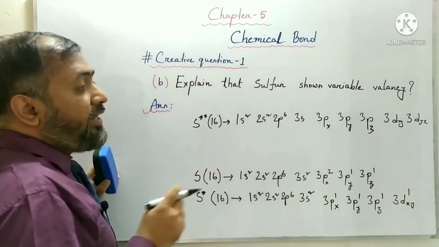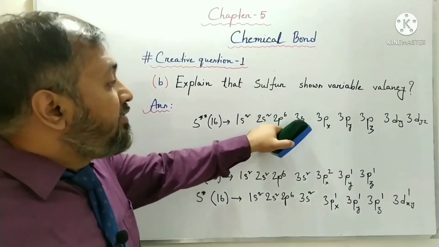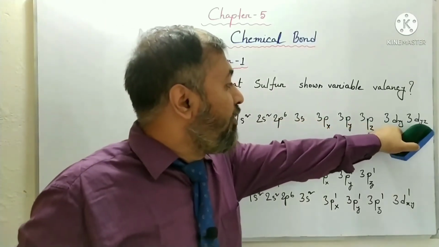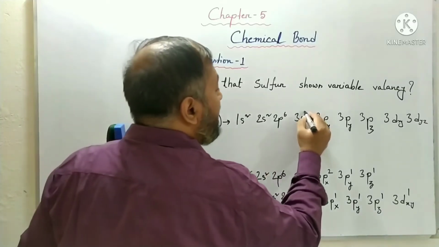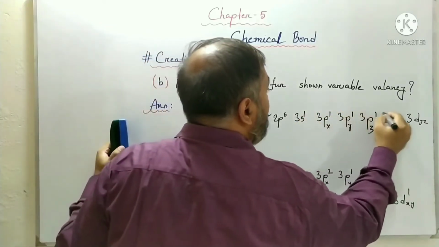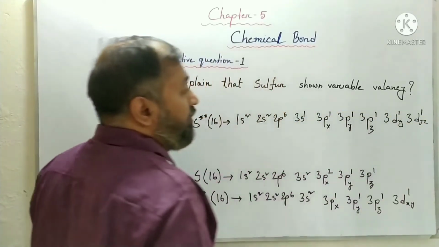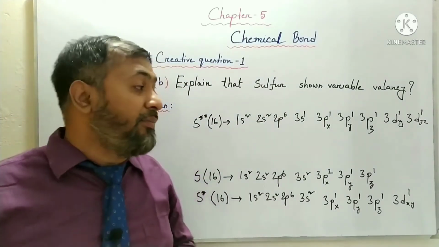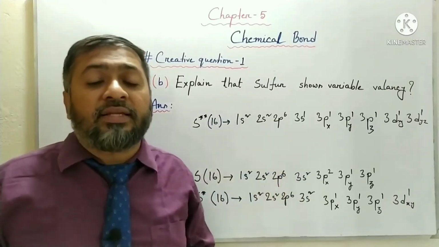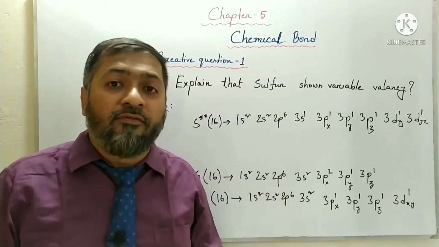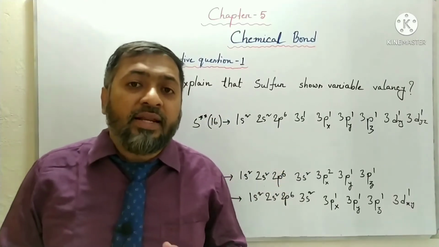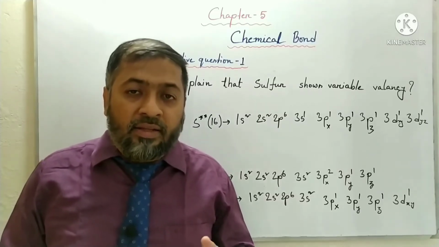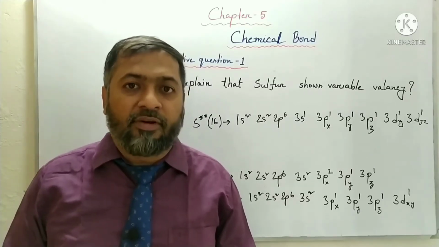So one electron is migrated from the 3s orbital to the 3d orbital. So the number of unpaired electrons present in this place, you can see, is 6. So the number of unpaired electrons in the outermost principal energy shell of sulfur becomes 6. In this case, sulfur is able to show valency 6. So that is the reason behind the variable valency of sulfur.